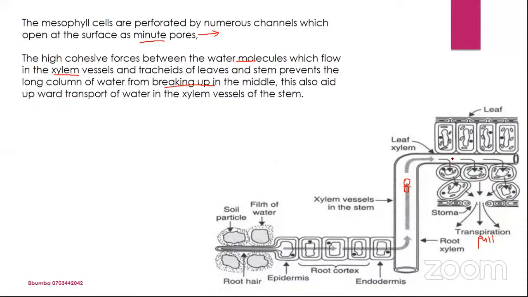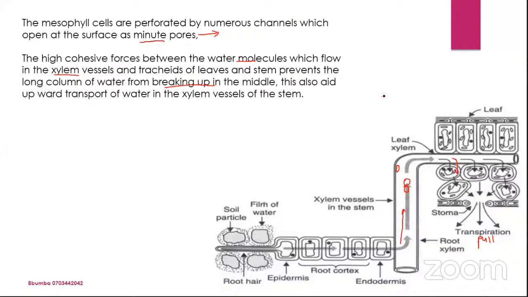So water moves from the xylem to enter these mesophyll cells by osmosis. Coupled with some other forces, adhesive forces, those are forces in between the cell wall and the water themselves, as well as the cohesive forces. All those forces bring about water moving up the plant.